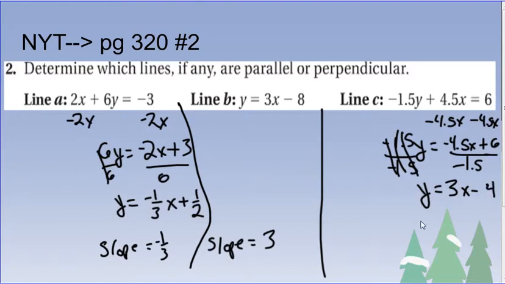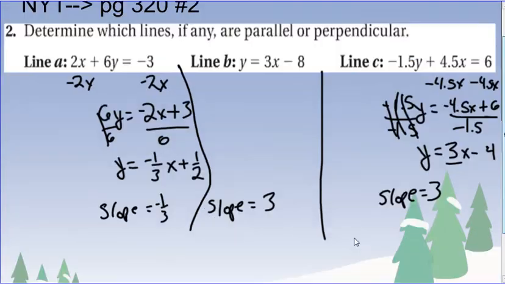Alright, so now we got a slope. Here is the 3. Alright, so what do we have? Well, we have lines B and C are parallel because they have the same slope.